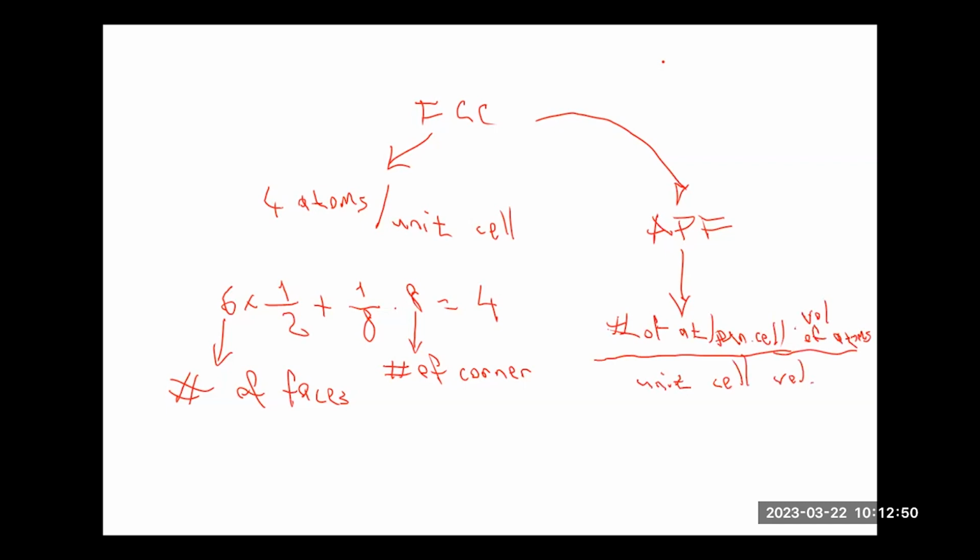So for FCC, we have in total 4 atoms per unit cell. How about the unit cell volume? If you consider the lattice parameter as a, the volume of the unit cell is nothing but a cube, right? It's a cube, and the lattice constant is a, and the unit cell volume is a cube.